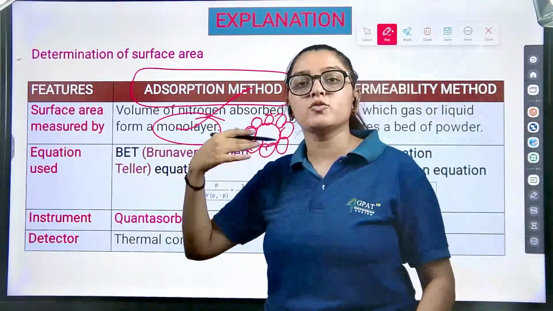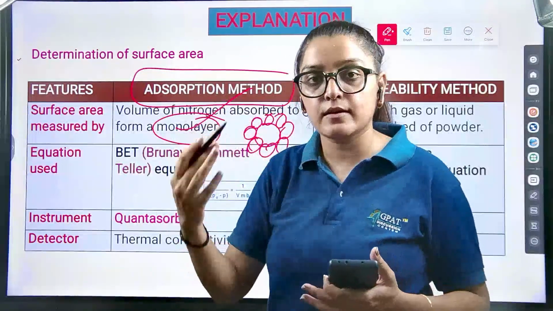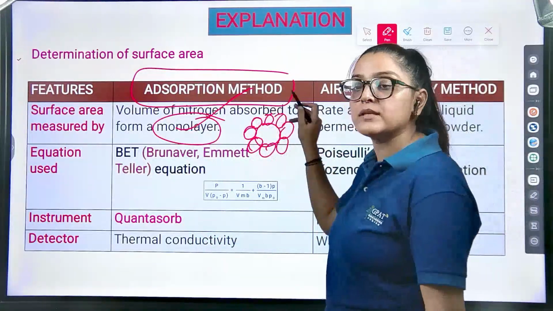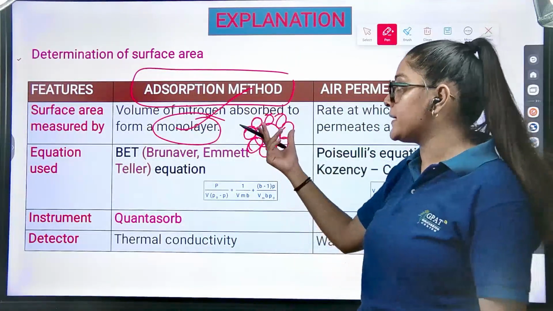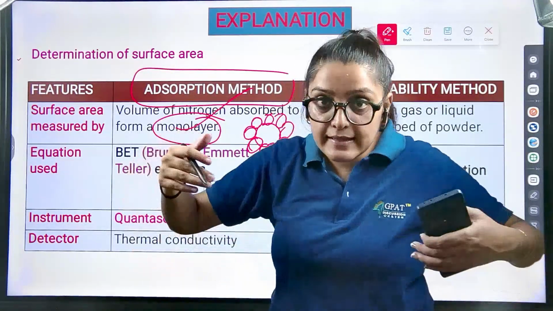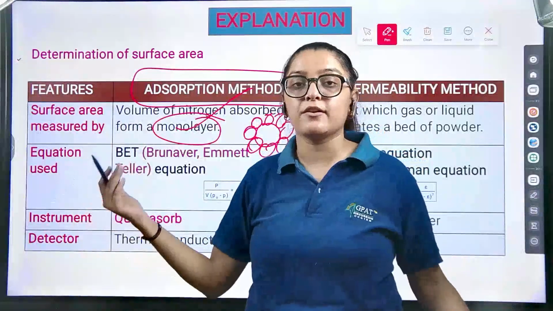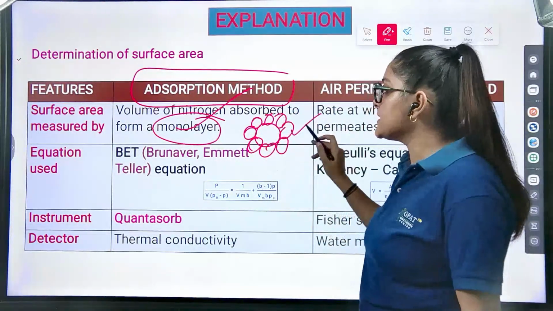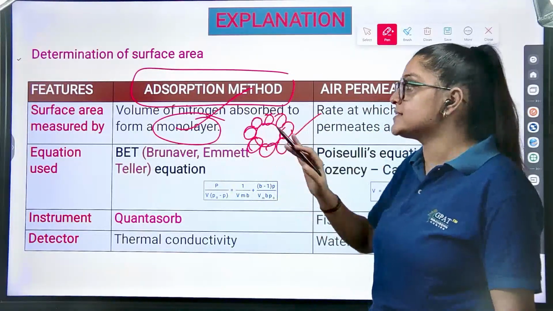Once you keep on supplying the gas or the solute, it will form a multi-layer, or it depends on the nature of the particle. If it is porous, then it can start multi-layer formation itself. We will study that in surface tension. Okay. But just remember, first the monolayer is formed.